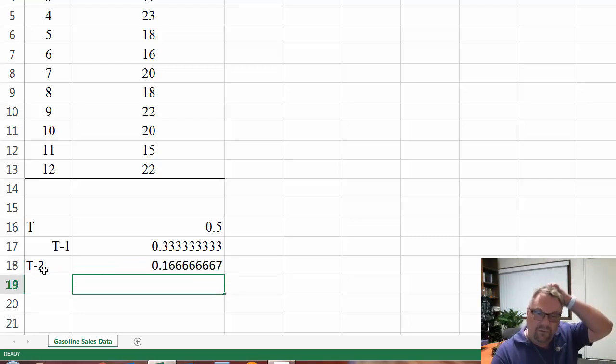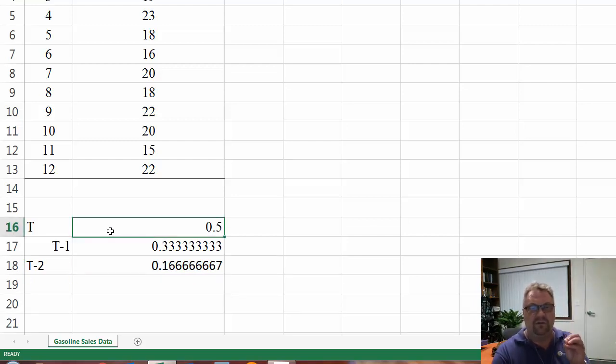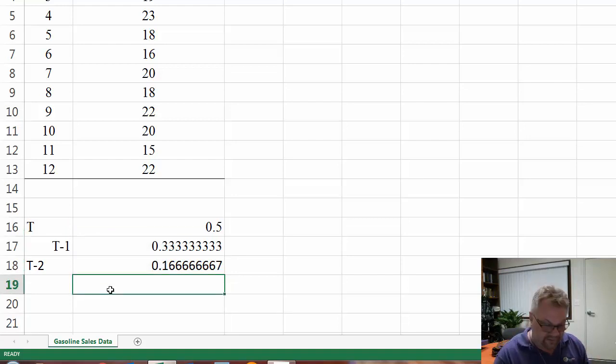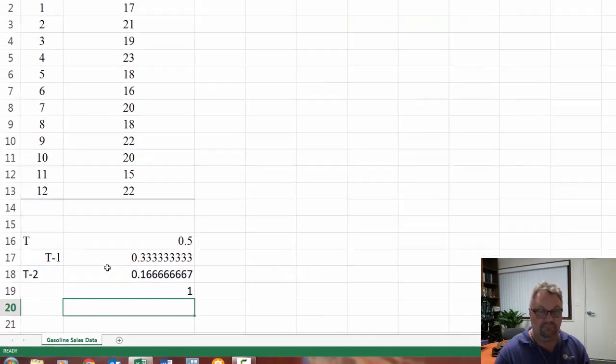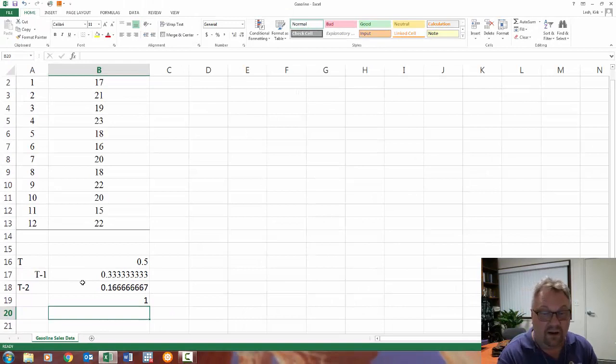Okay? And the only qualification on the weights is as follows. They must all be between 0 and 1, and they all must sum to 1. So to make sure that I'm correct, just sum these, and voila. These are perfectly valid weights. They're all between 0 and 1, and they sum to 1.